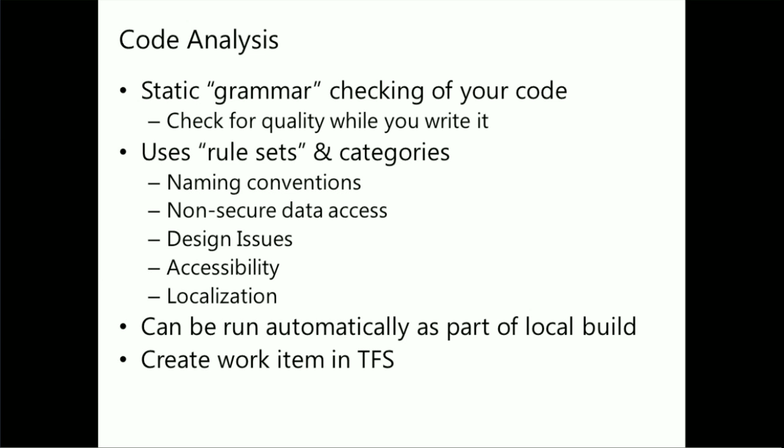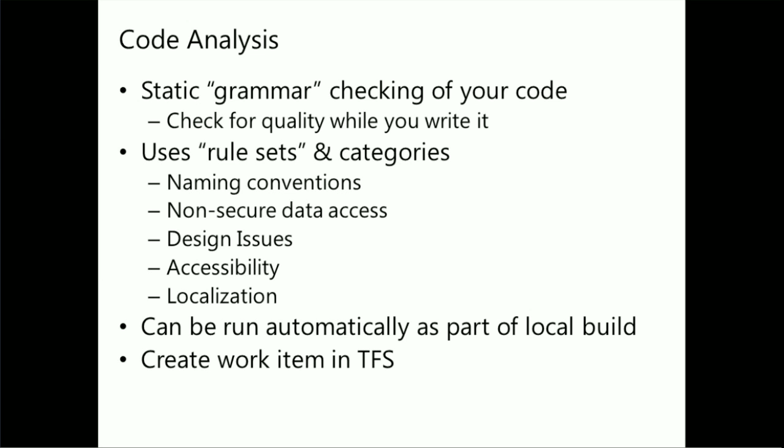It's actually looking at your source code itself, and looking for good quality and areas of improvement, for things around naming conventions, if you're introducing any sort of security hole by maybe writing inline select stars into your statements, looking for design issues and accessibility and localization issues if you are producing a localized or a globalized application.